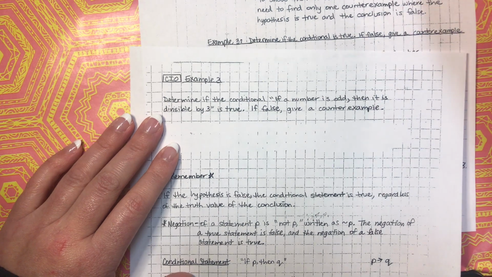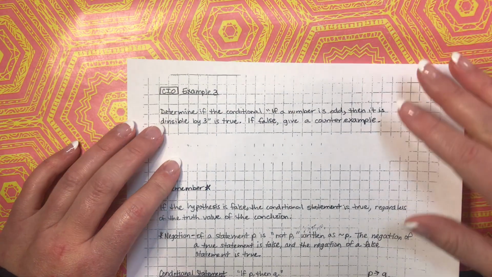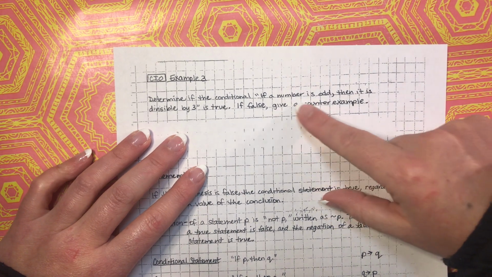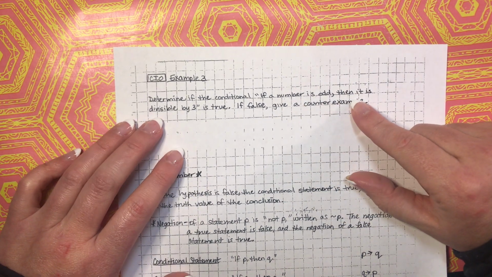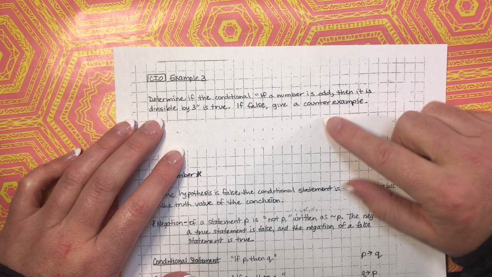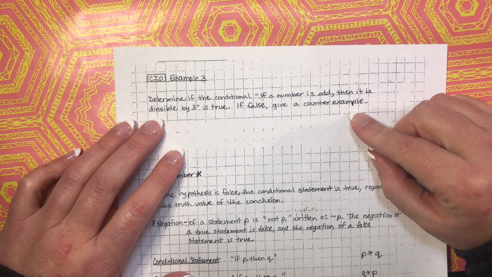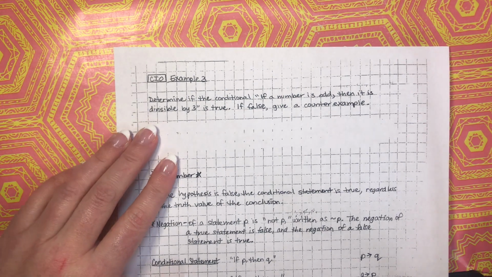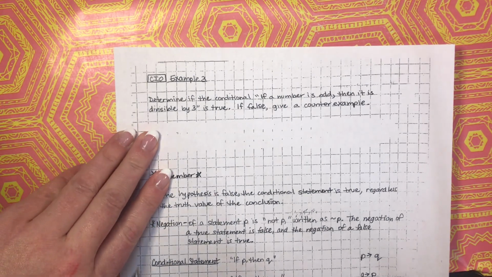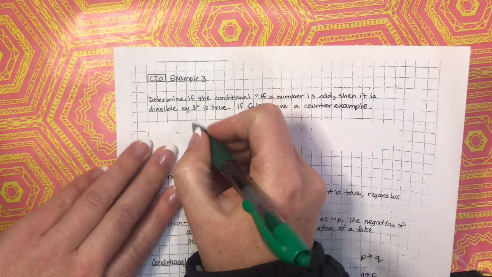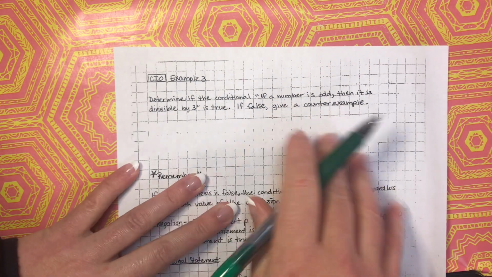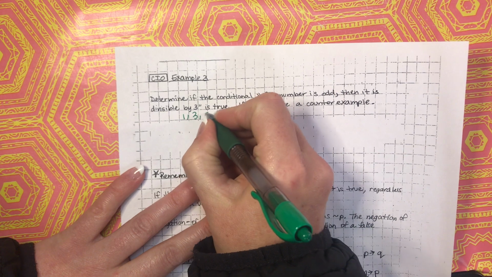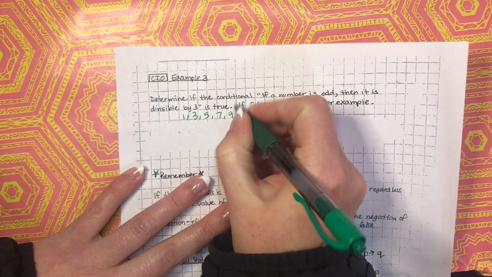Check it out, example 3. It says, determine if the conditional, if a number is odd, then it is divisible by 3, is true. If false, give a counterexample. So it says if a number is odd. So if our hypothesis is true, and we have a number that is odd, what would odd numbers be? 1, 3, 5, 7, 9, right?